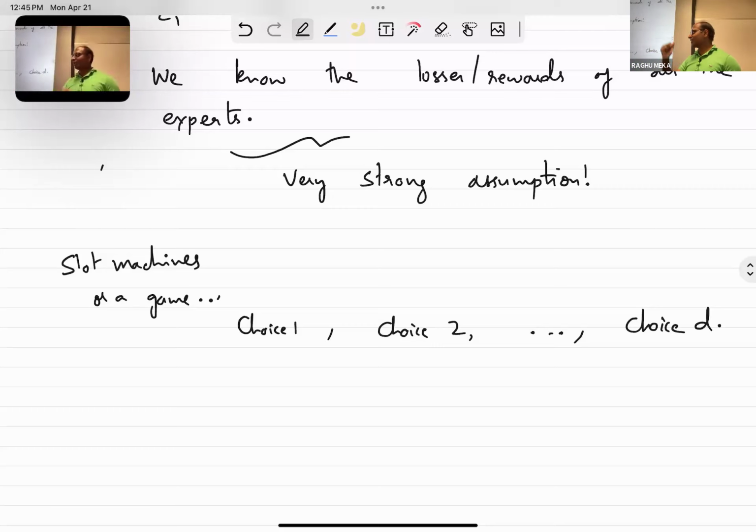But if it's like a slot machine, I press this button, I get something. If I press this button, I don't get anything, and so on, right? But when I choose a button, I don't get to know what I would have gotten that day for the other buttons, right? So in some sense, the limitation is that you get to see the reward or loss for only the expert that you pick, only the path that you chose to take.